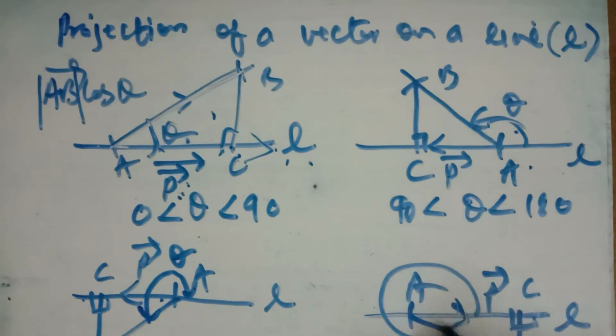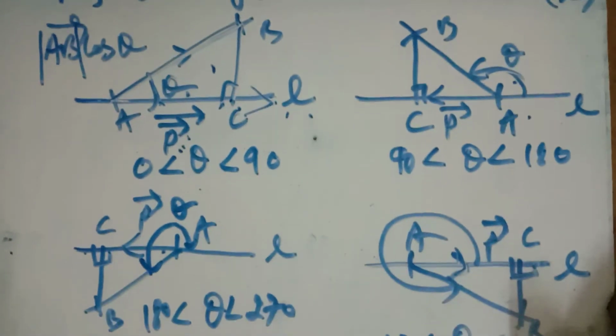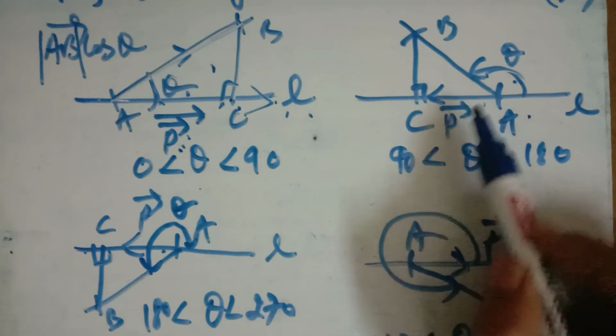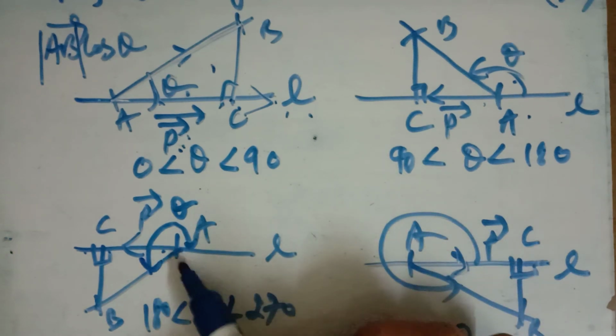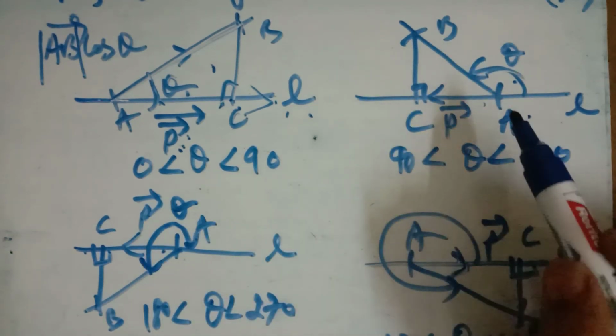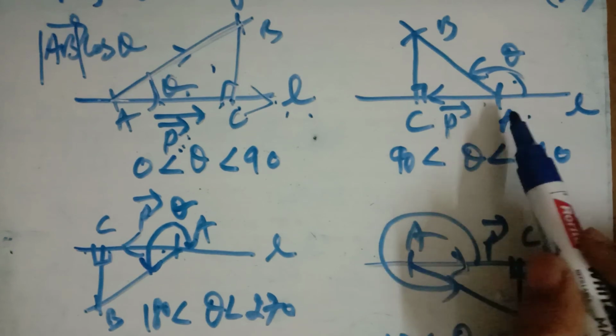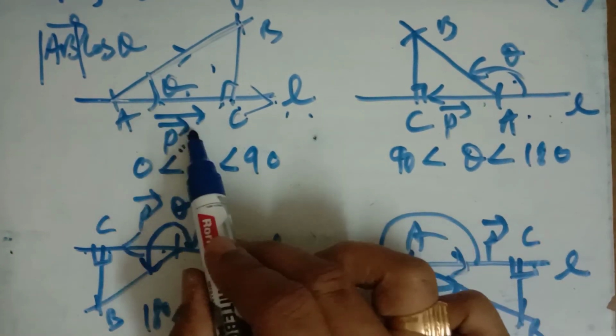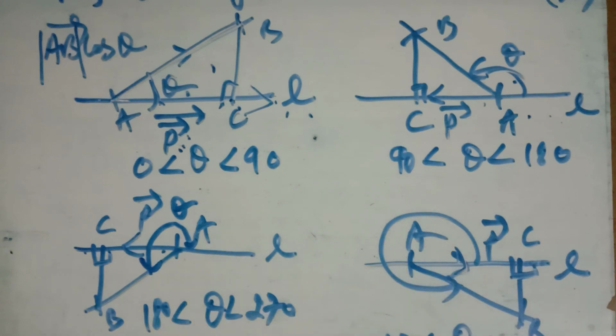When it is positive, it is in the direction of line L. When it is negative, because this is an angle more than 180 and less than 270, the cos is negative. So when it is negative, the direction of the vector P will be opposite to the line L, and when it is positive, it will be in the direction of the line L.